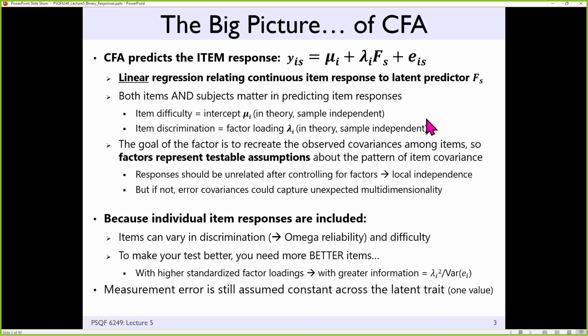What are the item measurement parameters in CFA? Remember, we did this last week. Each item gets its own loading. Loading, that's one. Loading is discrimination. Yeah, intercept is our difficulty, except it's backwards, because higher values mean it's easier, or more endorsable, however you want to think about it. And error variance.